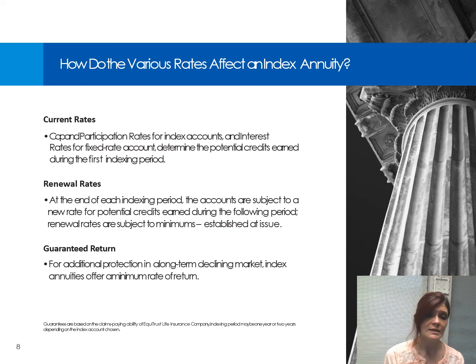Most of the time your fixed account will have a bottom rate of 1. Sometimes we've seen it as high as 2 or 3. So depending on your guarantees, there may be other features that are available or not available in the product.